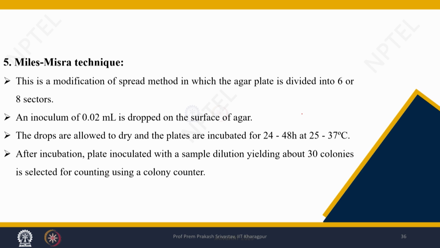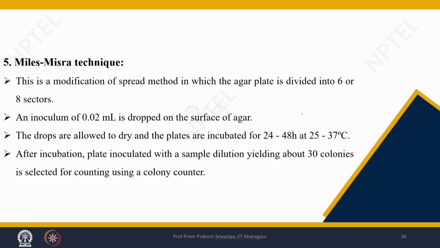The drops are allowed to dry and the plates are incubated for 24 to 48 hours at 25 to 37 degrees Celsius. After incubation, the plate inoculated with a sample dilution yielding about 30 colonies is selected for counting using a colony counter.